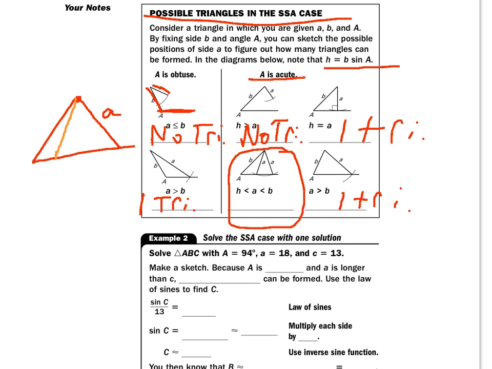Because when you have that angle and these sides, you have a possibility of that thing swinging back and forth and creating two triangles for the same issue. So that's what we're going to be dealing with.